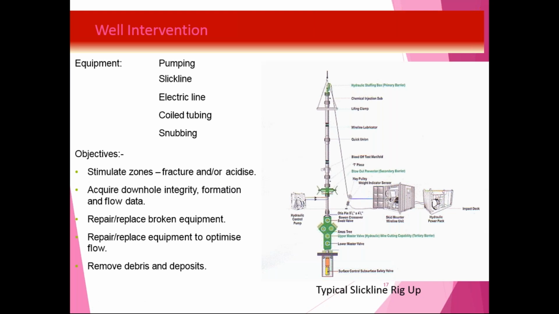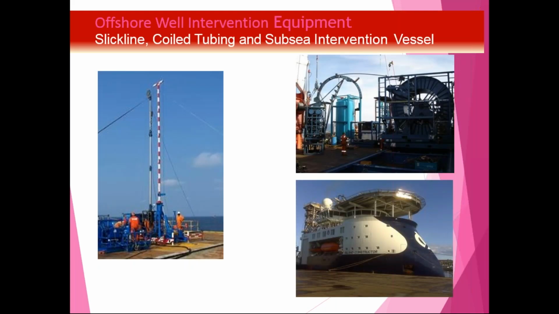Sometimes also to remove debris and deposits. Most times the well comes out with some debris or deposits, and they keep accumulating along the way, so we need to carry out well intervention. Those are the basic objectives for well intervention.